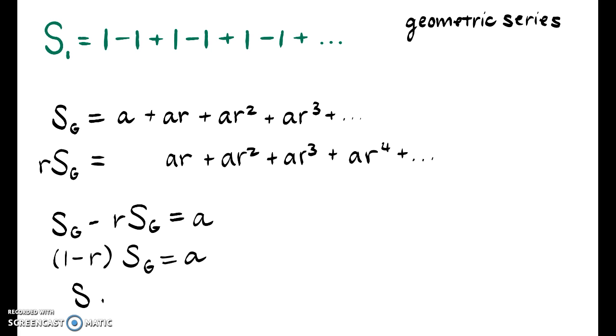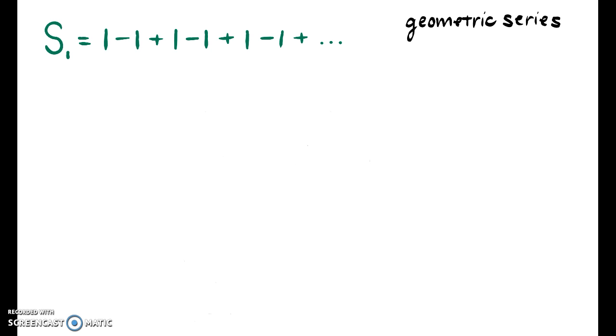So we can conclude that S sub g, therefore, is equal to a over 1 minus r, where a is the first term and r is the ratio between any two consecutive terms. So now we've discovered that for a geometric series, S sub g, it is equal to the first term, a, divided by 1 minus r, where r is the ratio between any two consecutive terms.